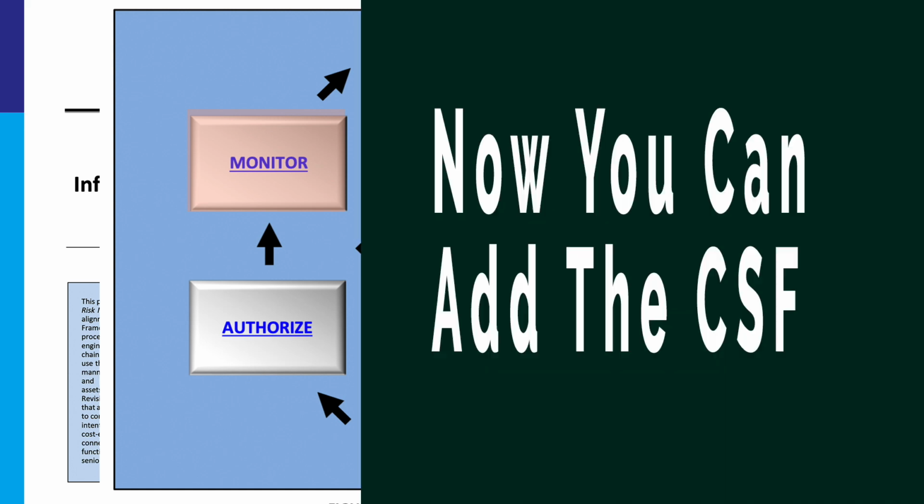And then once you have gone through this framework of managing your risk, then you can begin to add new stuff in. You can begin to improve your system using frameworks like the NIST cybersecurity framework.